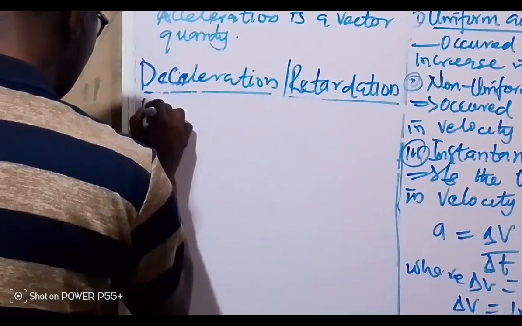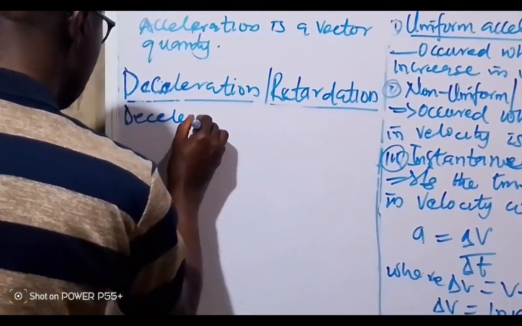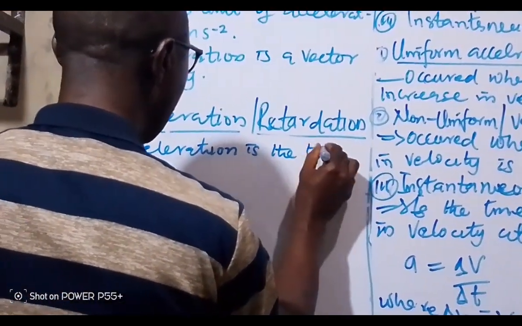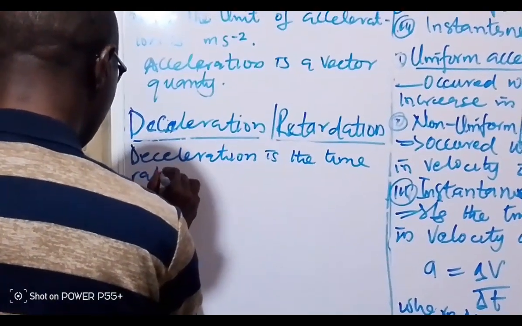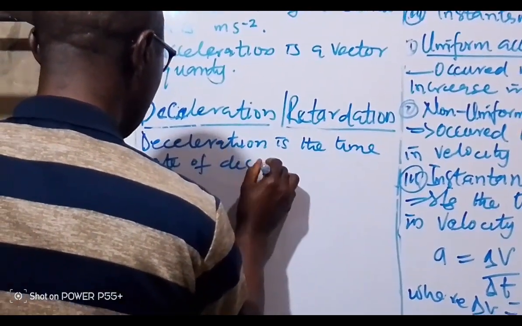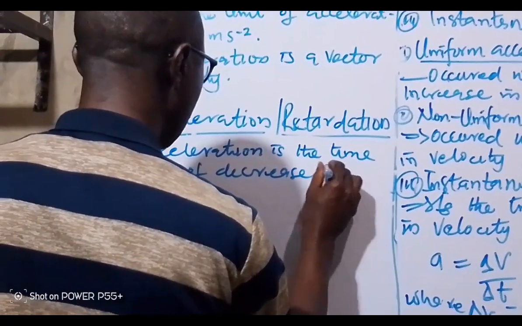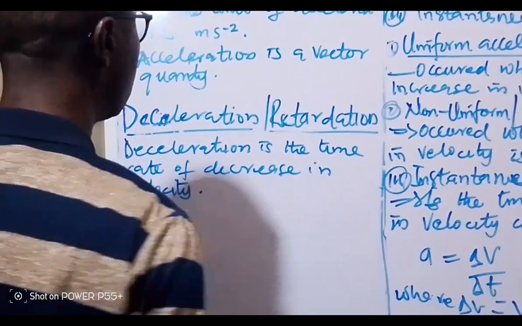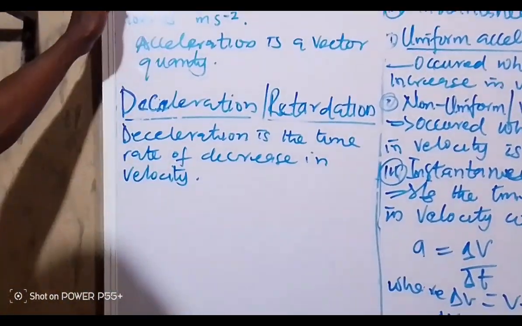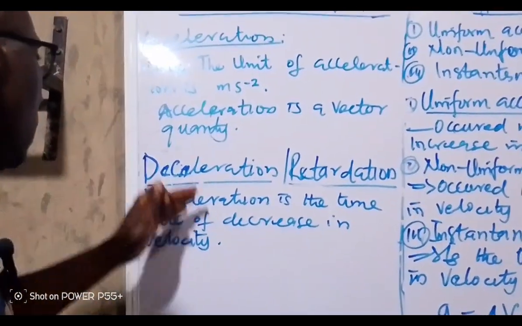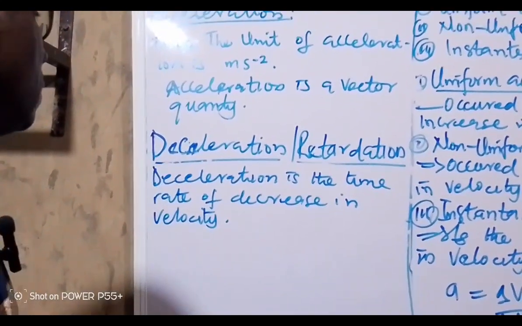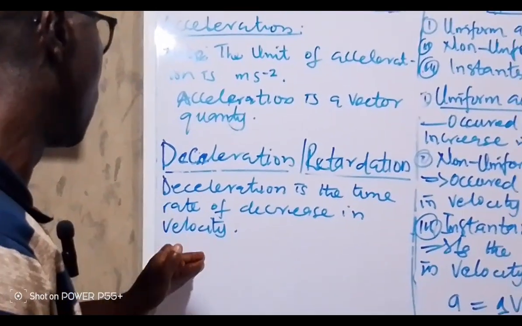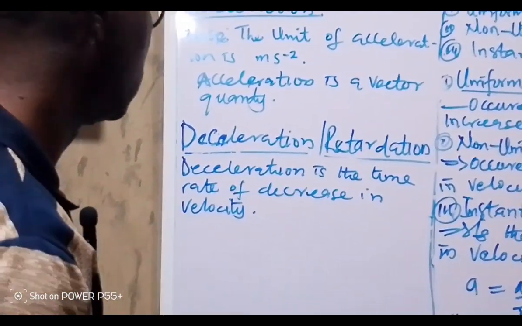That is, deceleration is the time rate of decrease in velocity. While acceleration is positive, deceleration is negative. That is, during calculation, the value for acceleration will be positive, that of deceleration will be negative.